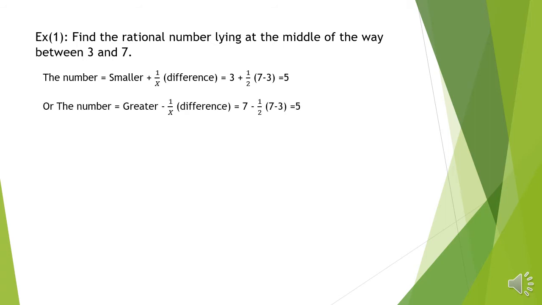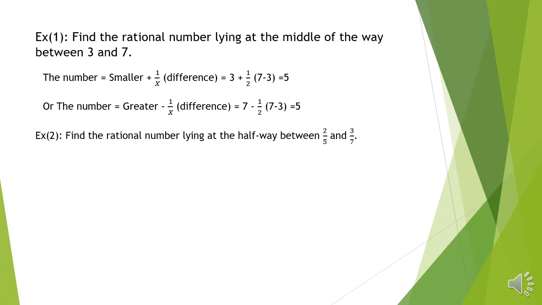Or from the greater side, greater minus 1 over x times difference equals 7 minus 1 over 2 times the difference between the two numbers, greater minus smaller, 7 minus 3, also equals 5. Let's have another example.